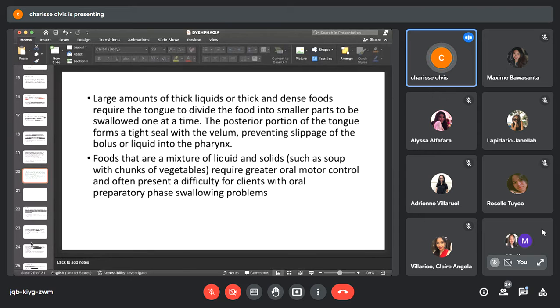The posterior portion of the tongue forms a tight seal with the velum, preventing slippage of the bolus or liquid into the pharynx. Okay? So overall, it really requires greater oral motor control and often presents a difficulty for clients with oral preparatory phase swallowing problems.